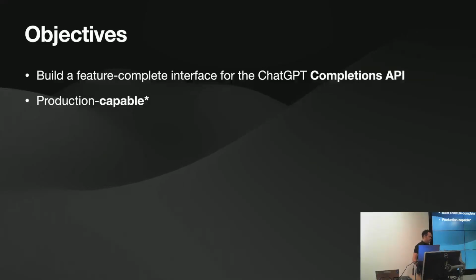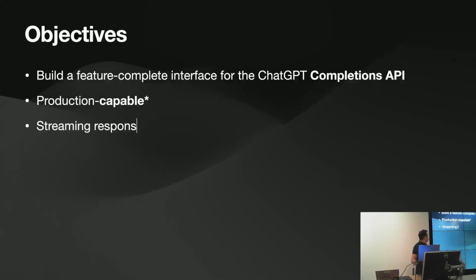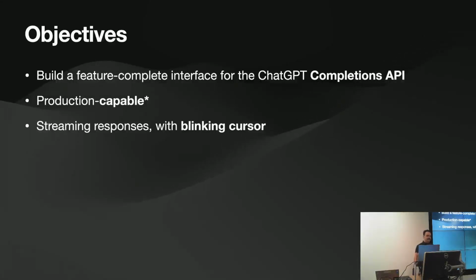By production capable, I mean I can't deploy it straight away to the public, but with not much more work, it could be deployed as a public web application. So of course, the streaming responses with blinking cursor. One of the challenges was how to achieve that with Blazor WebAssembly.